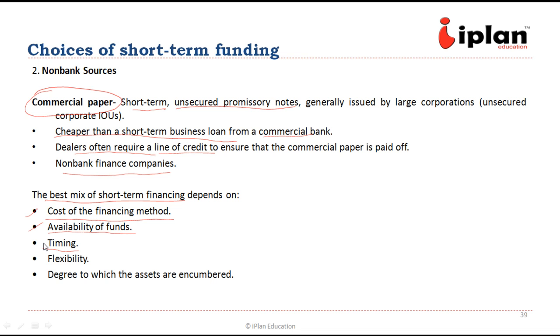The financing should be at the same time so that we are avoiding any extra expenses. Then the flexibility of usage. For example, if there is some amount of cash with the company, it provides flexibility in terms of payments. And finally, the degree to which the assets are encumbered by the company. So these are the factors which determine the appropriate mix for short-term financing. So this has brought us to the end of the topic.